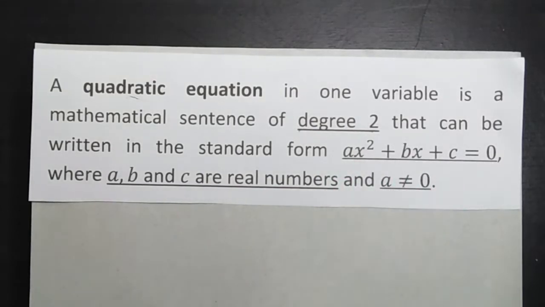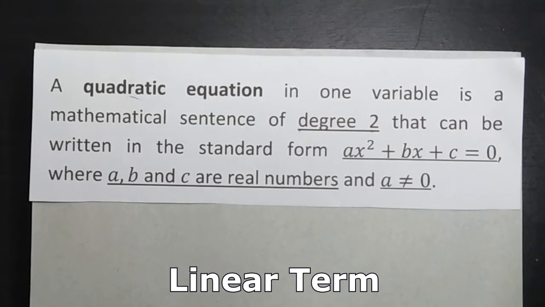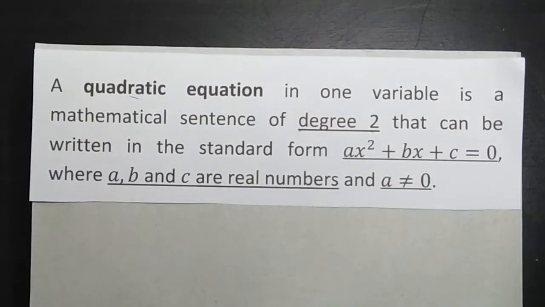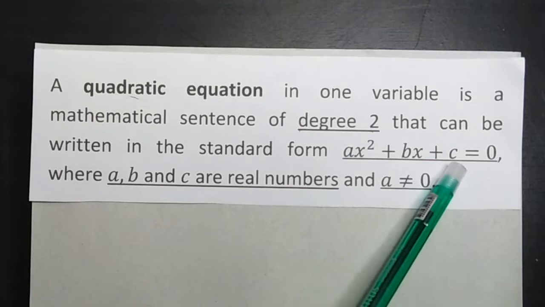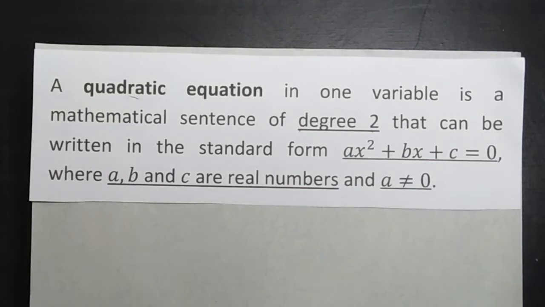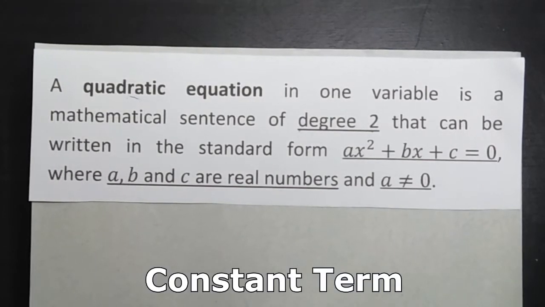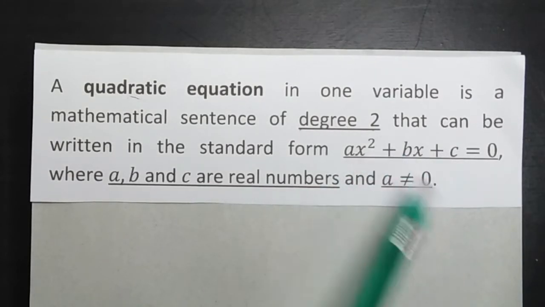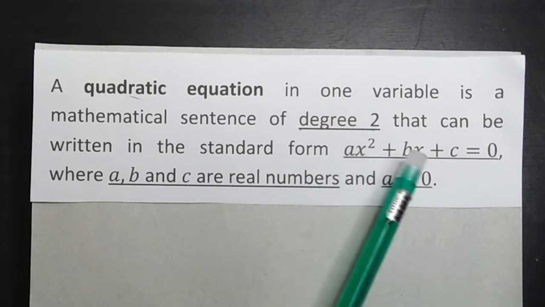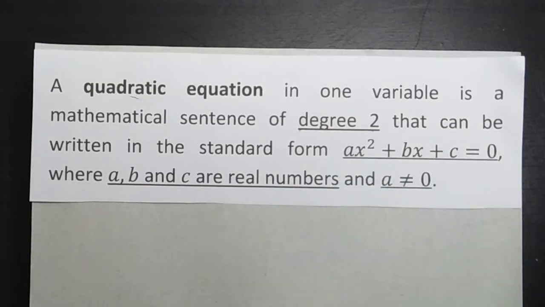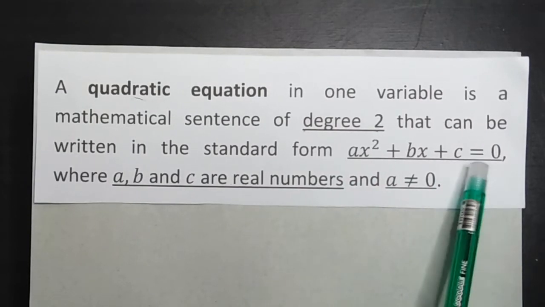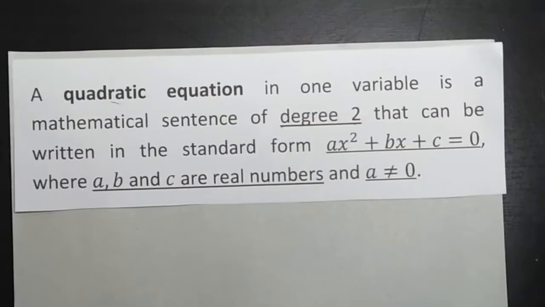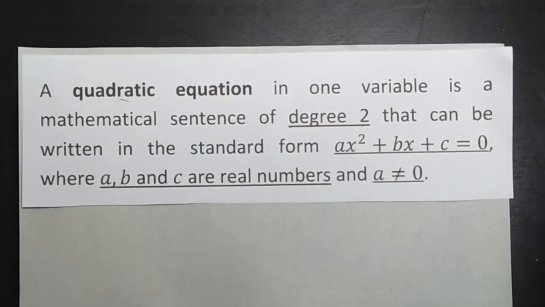The next term is called the linear term because the variable has the first degree power, while the third term or the last term is called the constant term kasi the third term has no variable with it, unlike our first term and second term. Now, don't forget to write equal to 0 because without equal to 0 or equal to a number, it won't be an equation anymore.